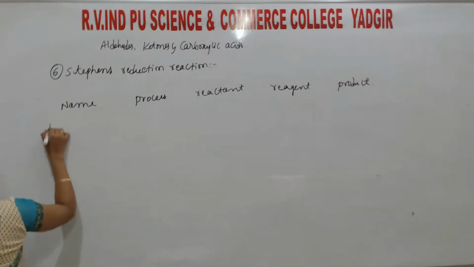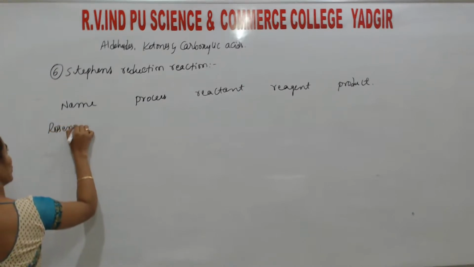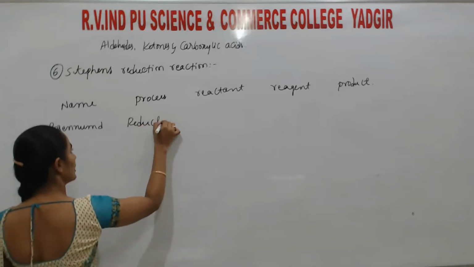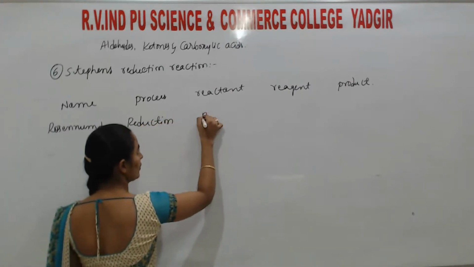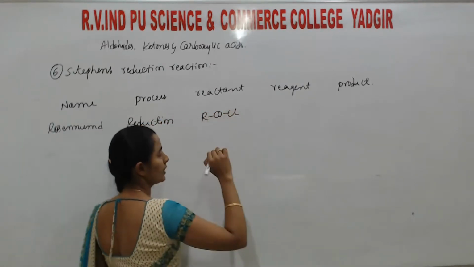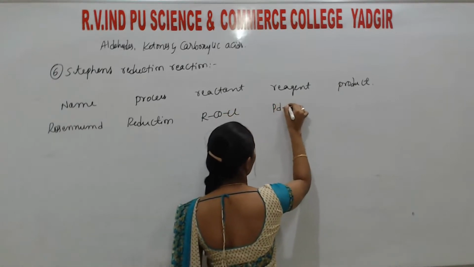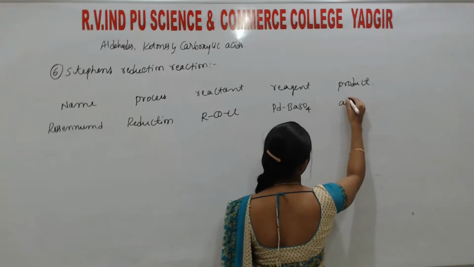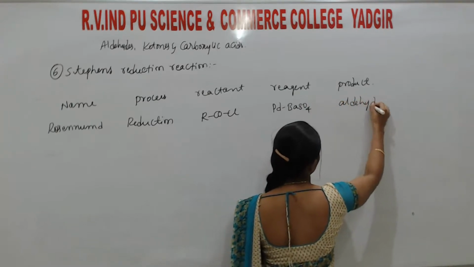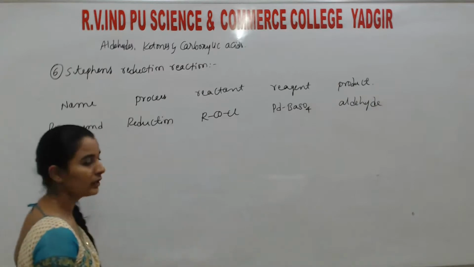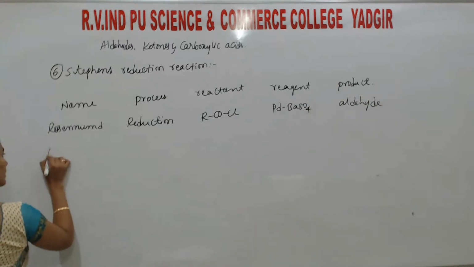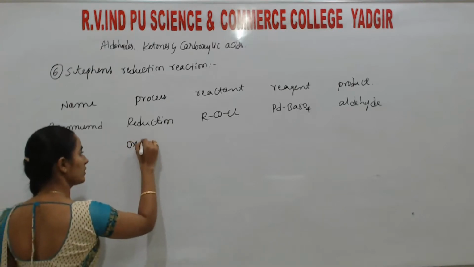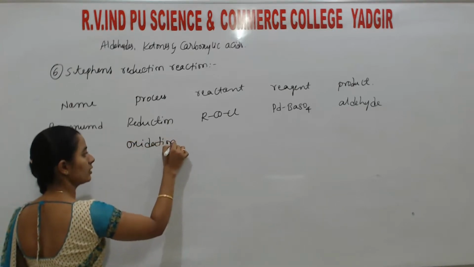Listen, name of the reaction: Rosenmund. The process is reduction. Reactant required is acid chlorides. Reagent is palladium in presence of BaSO4. Product is aldehyde. Next, the second one is Etard. Process is oxidation.